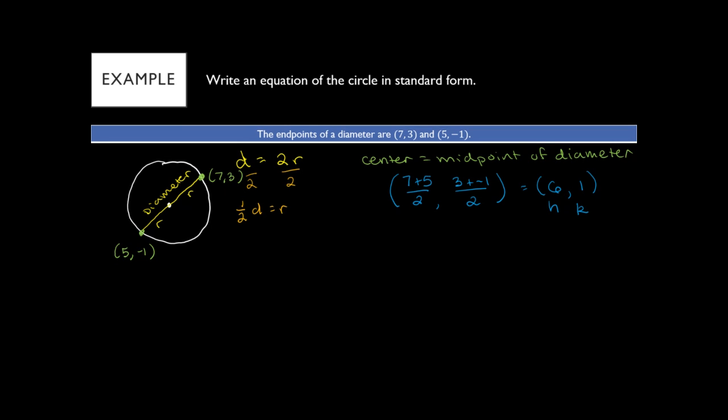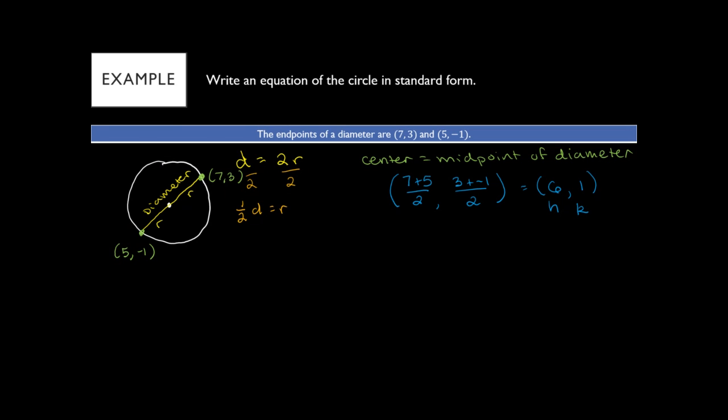And the diameter, the D, is basically the distance between those 2 points on the diameter. So we're going to use the distance formula, take half of that, and that is going to give us the radius. And then really, we want r squared for our formula.